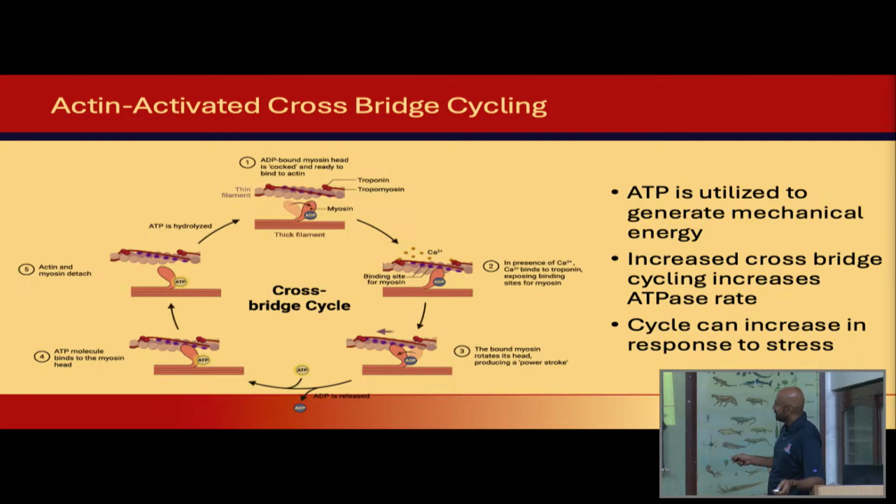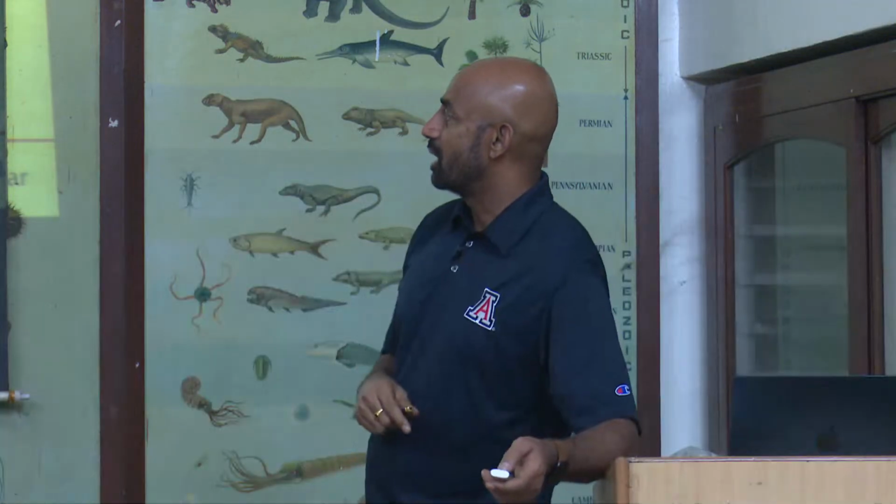As a result, the power stroke can be formed, and then the ATP binds at this time, and then hydrolysis, and then it releases the ADP. So it's kind of a circle every beat we do in the heart. Again, if there is any change in this cycle, in the amount of ATP or the amount of calcium, that can alter cardiac function.